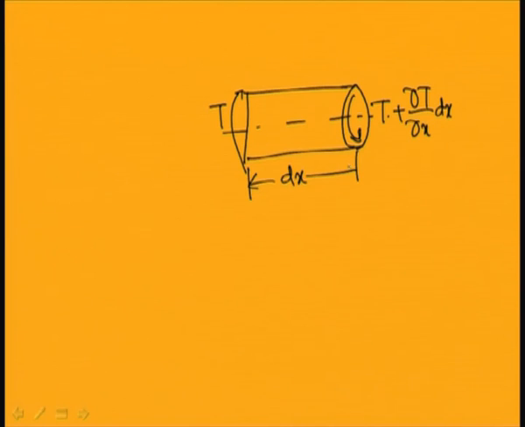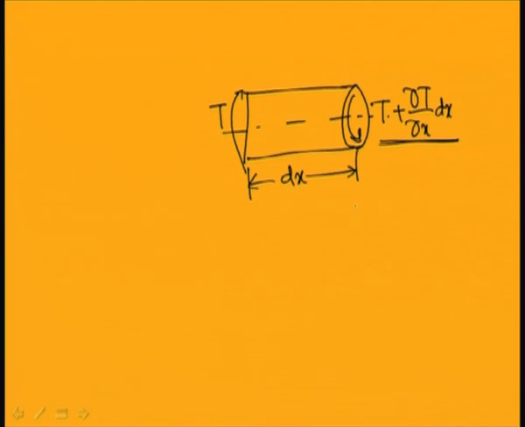Taking this elemental length dx, let us derive the equation of motion for the torsional vibration of this shaft. On the left side the torque is T, and on the right side the torque is T plus del T by del x into dx. Similarly, the displacement on this side is theta, and I can write the equation of motion using Newton's second law.